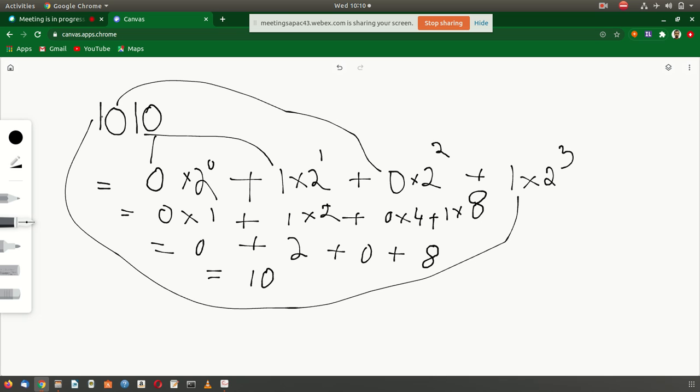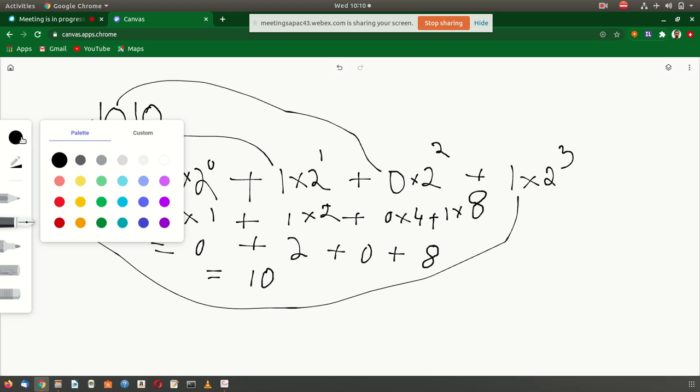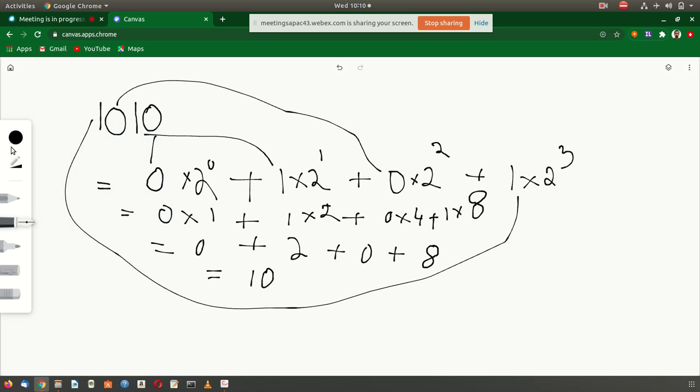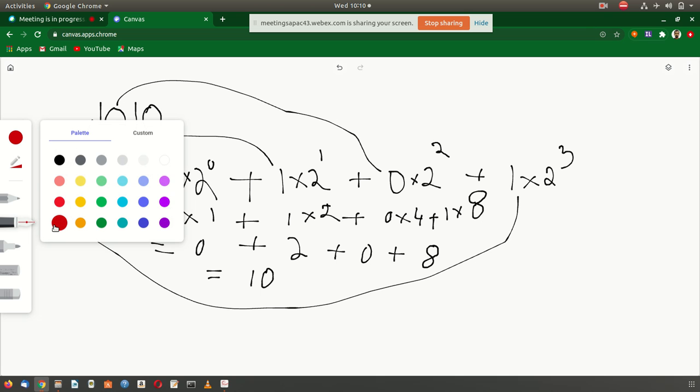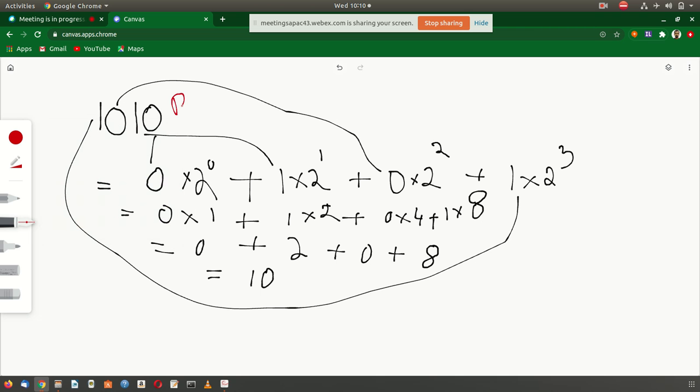So our number is 1010, and you have to get the decimal number. This number is the binary number, and this number is the decimal number 10.